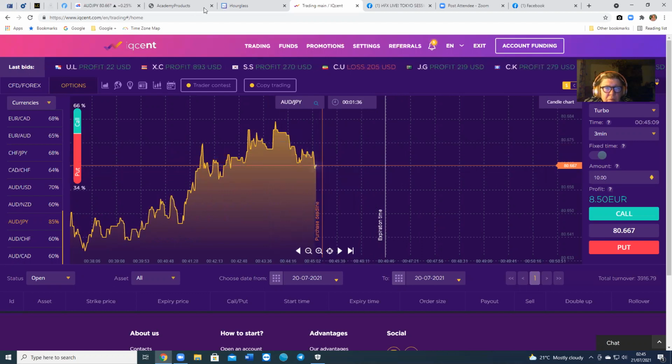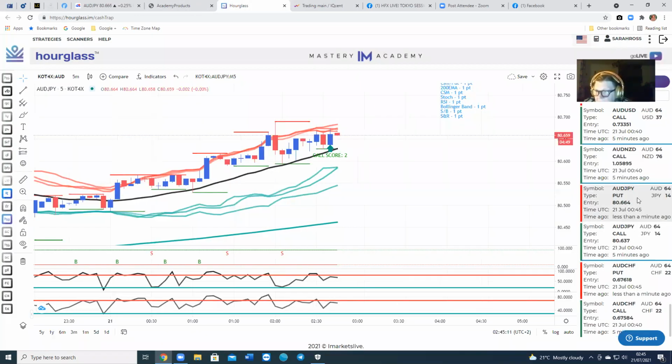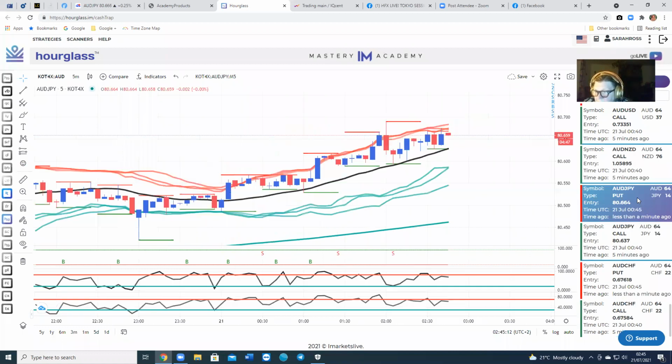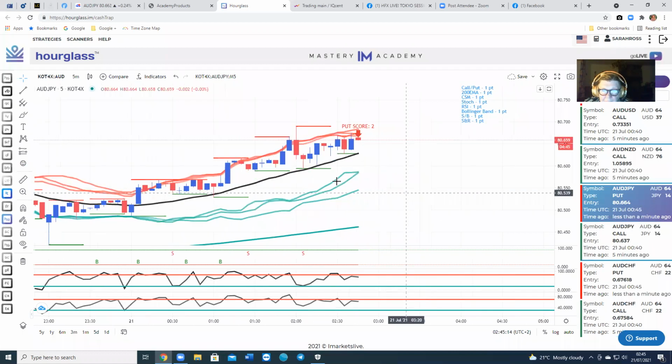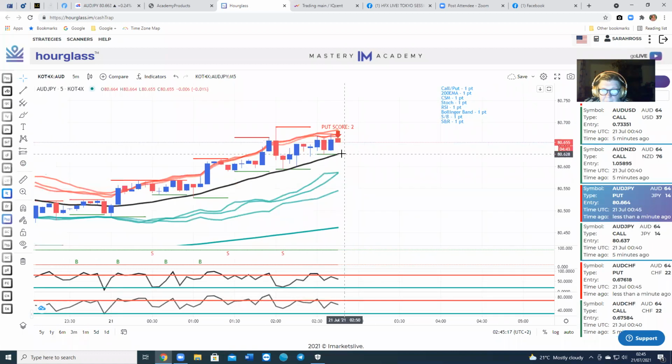Just got the new 45 minutes. It's given us a put at 664. So we can get funny things happen at the 50-minute up until the hour. So I'm going to have to leave this one. Didn't manage to catch a trade on that.